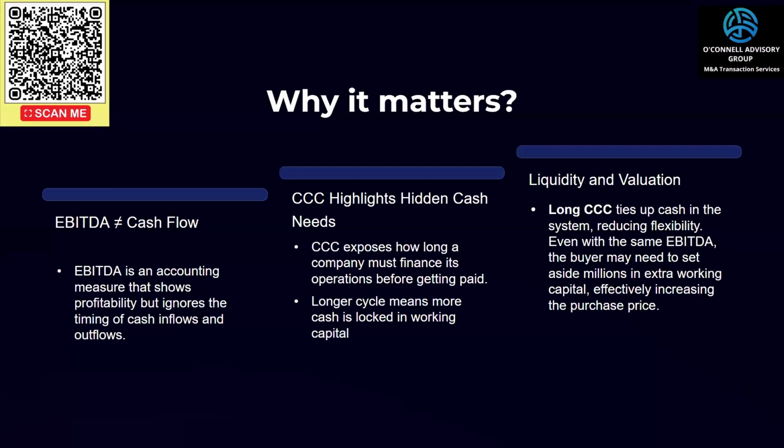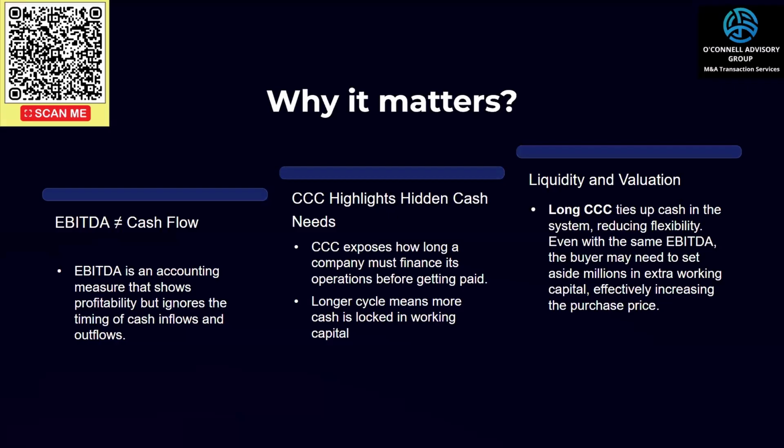Looking at the second point, CCC highlights hidden cash needs. Once you compute the cash conversion cycle, if it is relatively high compared to the industry standard, then you know that you will have to bring in more money. There's a certain valuation amount that I have to bring in, but later on, to run the business, I will have to bring in additional cash.